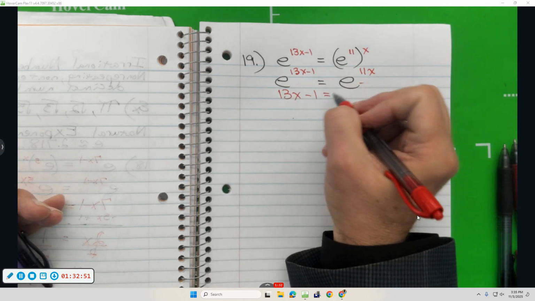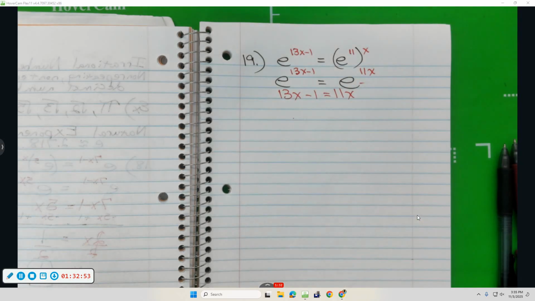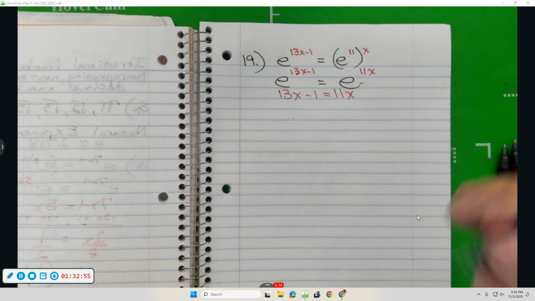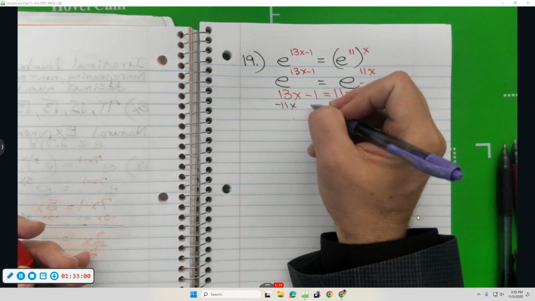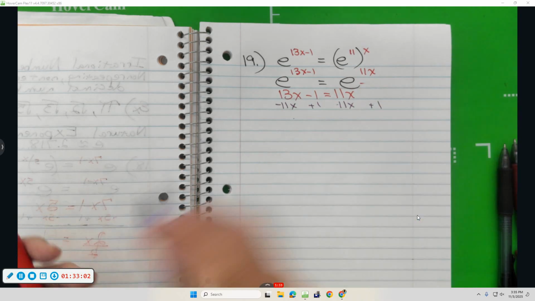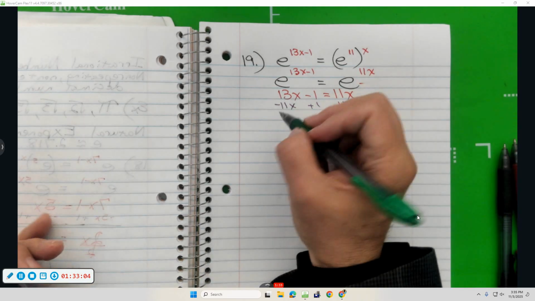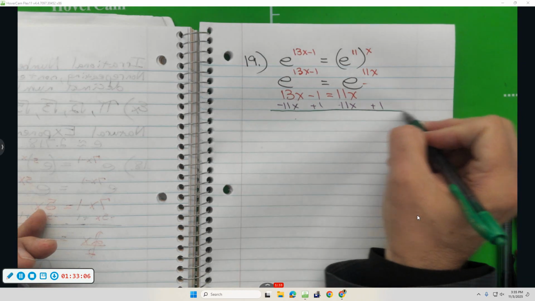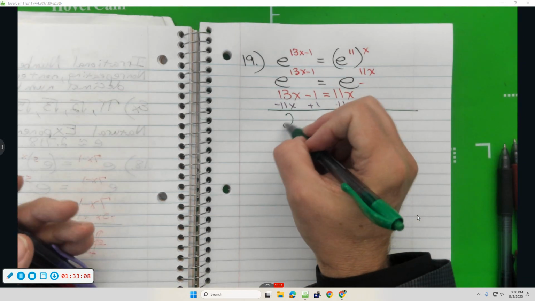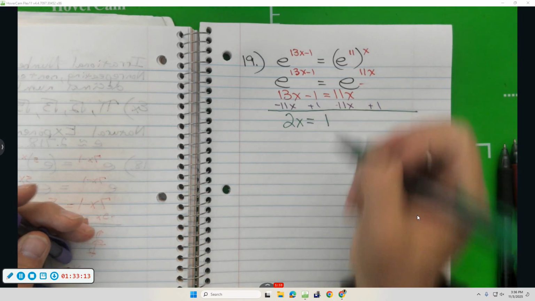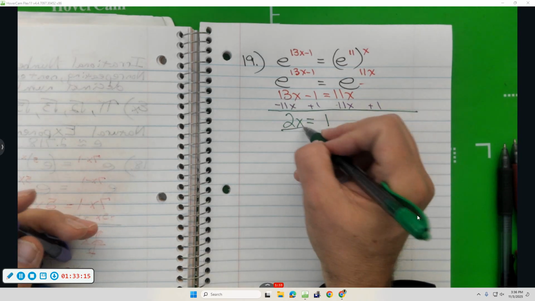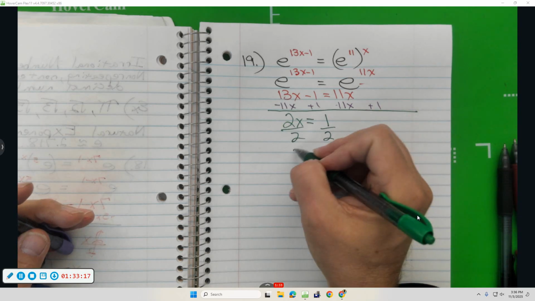Well, heck, I think it's still going to get the same answer. Do a minus 11x and a plus 1. I don't know why I'm choosing to show that. In the past, we've just been doing it in our head, but today there's so much going on. Oh, look at that. This one is also x equals 1/2, isn't it?